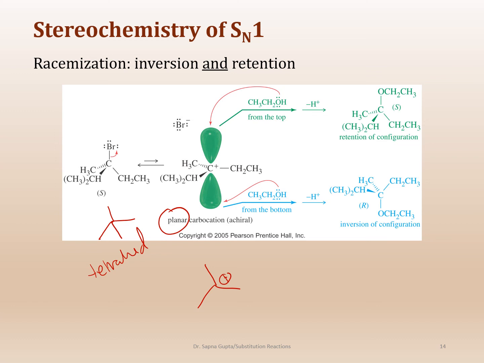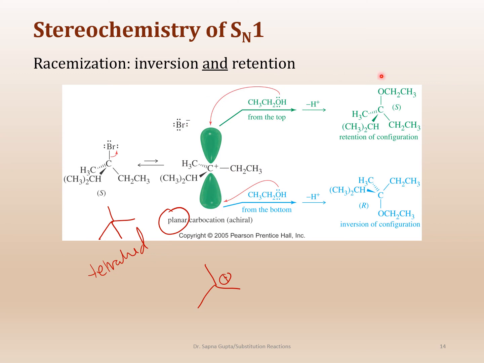Trigonal planar means it's in a plane, like on one plane, 2-dimensional, not 3-dimensional. So the carbon is exposed, and the nucleophile can attack from either the top side or the bottom side. It doesn't matter, there is no preference, because both sides are completely available.